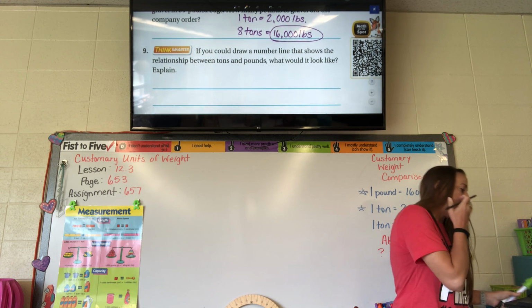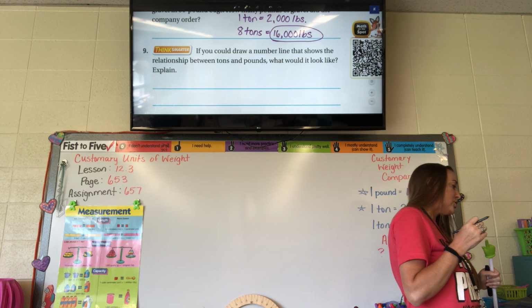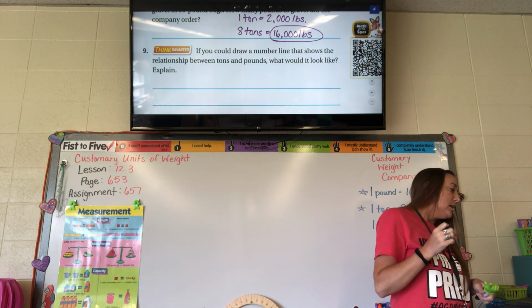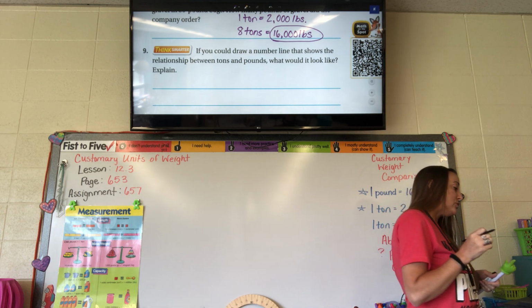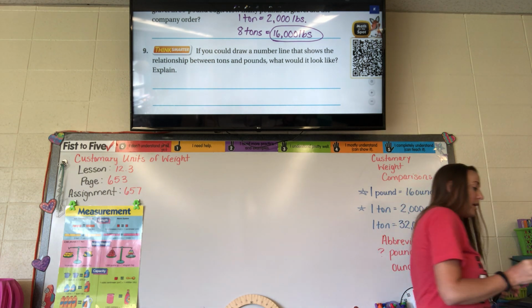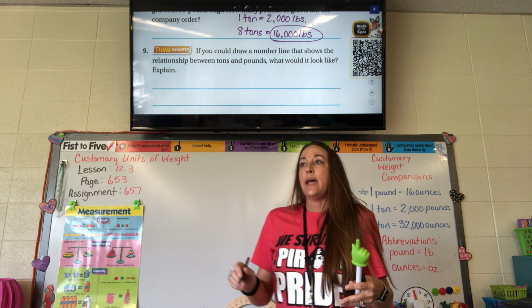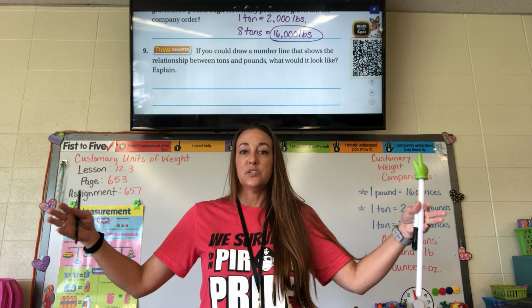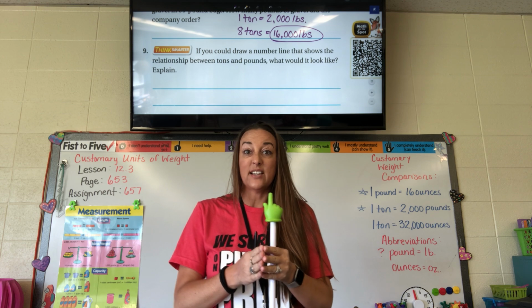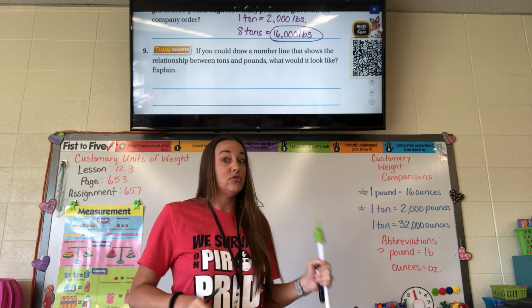If you could draw a number line that shows the relationship between tons and pounds, what would it look like? Well, it would look like 1 ton split into 2,000 sections, right? We're not going to draw that.